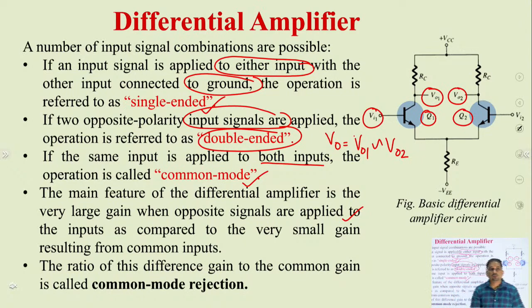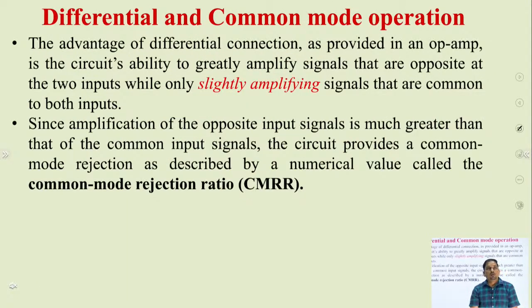So the advantage of differential configuration is that noise which is common to both can enter at the input terminal from the negative terminal as well as from the positive terminal.